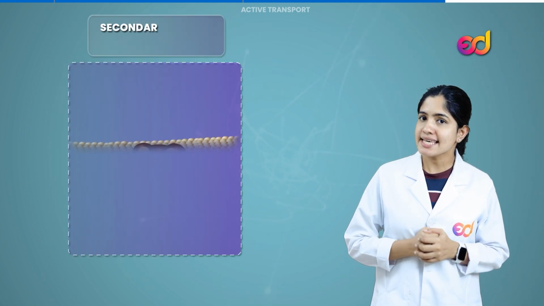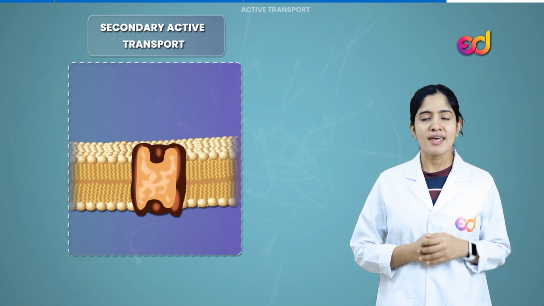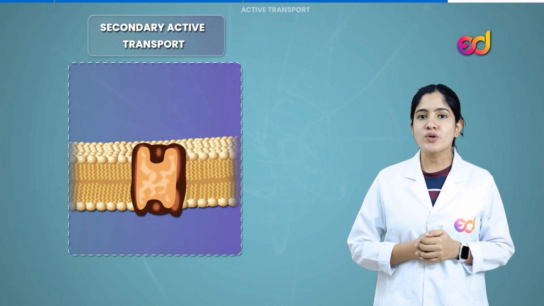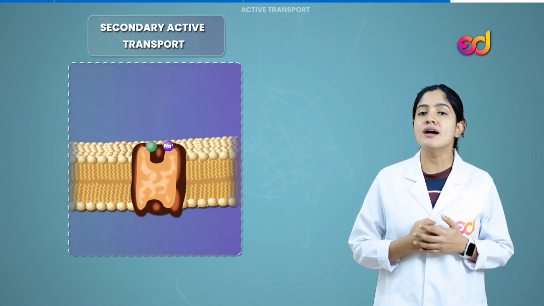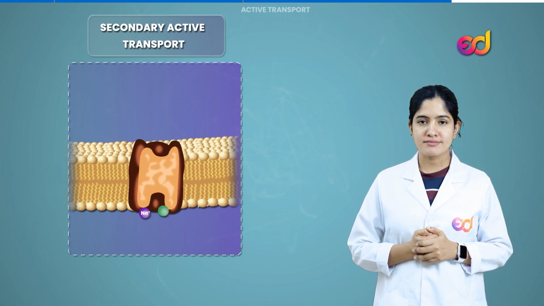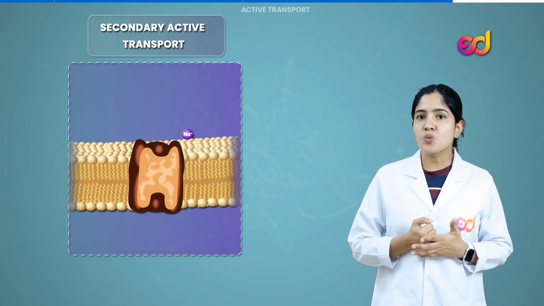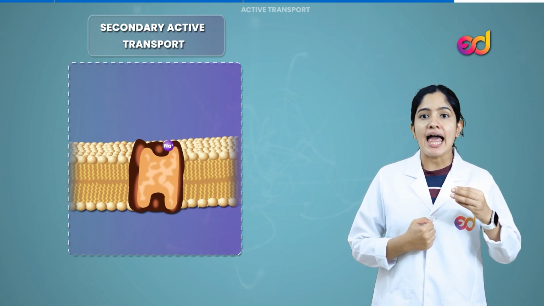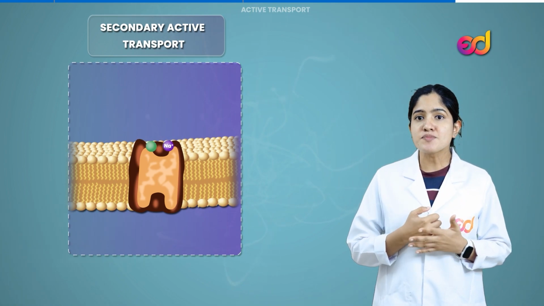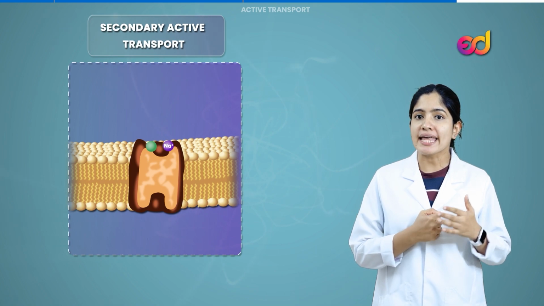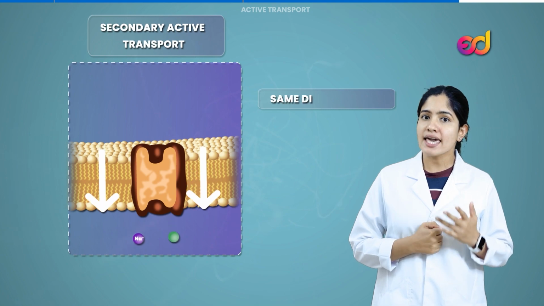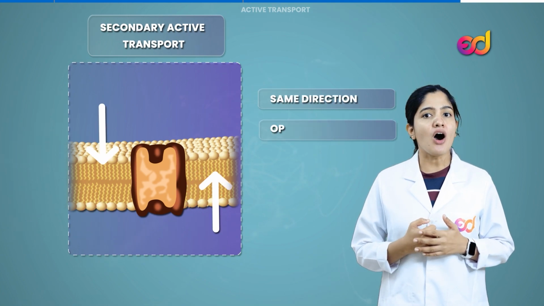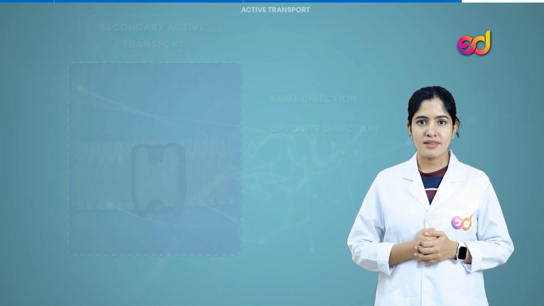Moving on to secondary active transport. Secondary active transport is a transport of substance along with sodium ion using a common carrier protein. When sodium is transported by a carrier protein, along with it, another substance is also transported by this same protein simultaneously, either in the same direction of sodium movement or in the opposite direction.